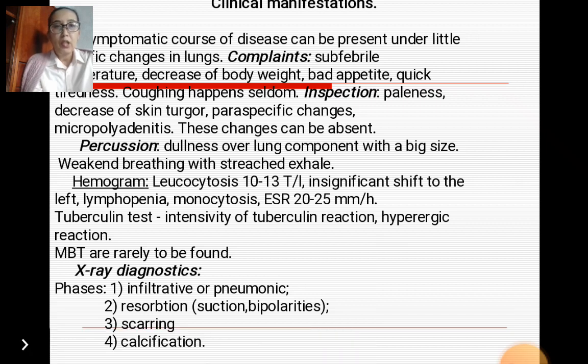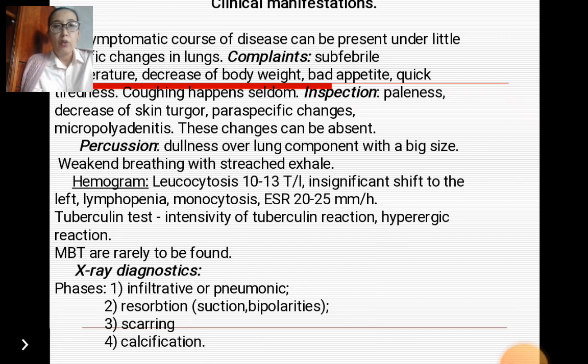In some patients these changes can be absent. During percussion we can find dullness over lung component with a big size, weakened breathing. In hemogram we can find leukocytosis and increasing ESR up to 20-25 mm per hour.